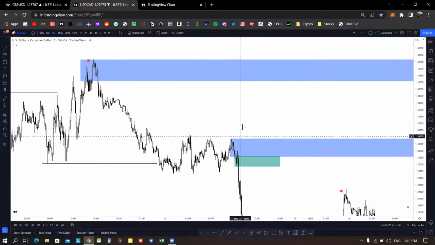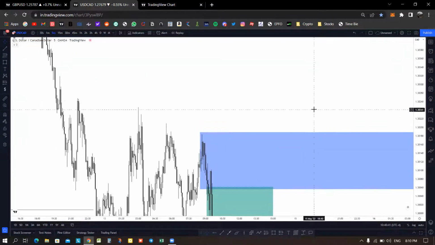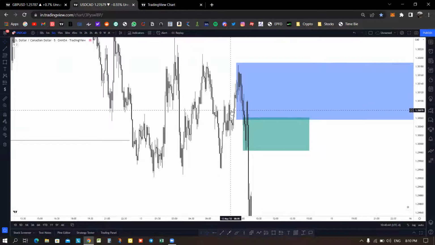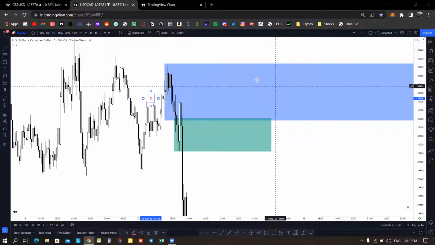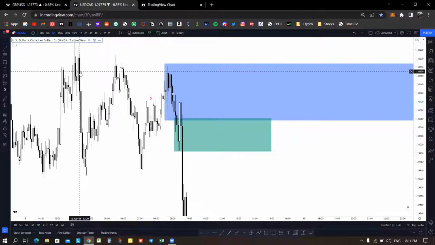So this is my point of interest, and you see this last area has also taken out the double top liquidity, as I just told you. That's why I have chosen this double top as my point of interest.